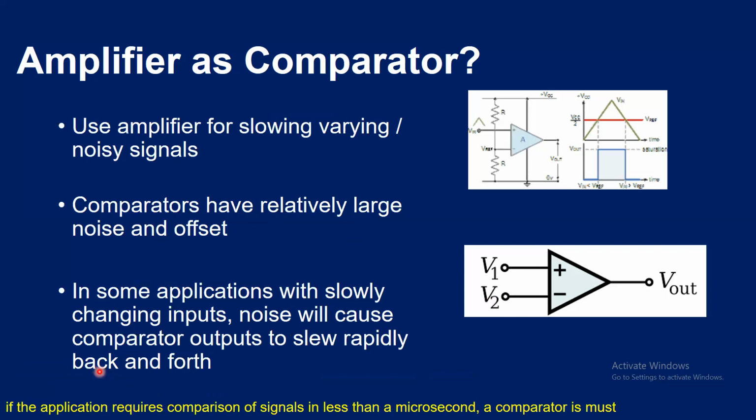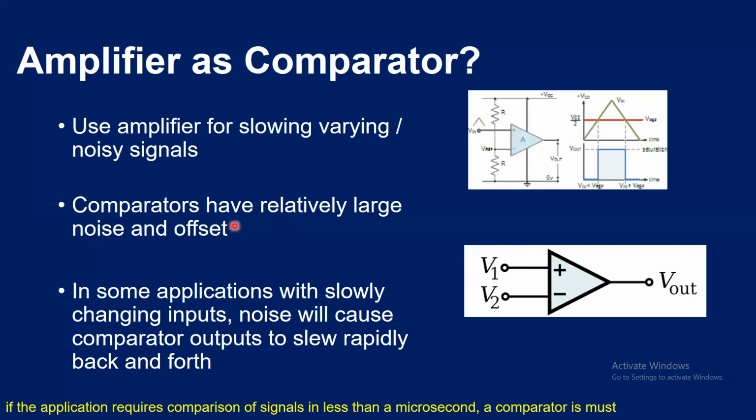So we continue our talk. If, for example, the input signals you need to compare are slowly varying or DC signals, a low frequency signal or DC, then at that time using an amplifier as a comparator is a choice. Or if you have an input signal that is noisy, you can use an amplifier as a comparator, because comparators are more noise prone compared to amplifiers.